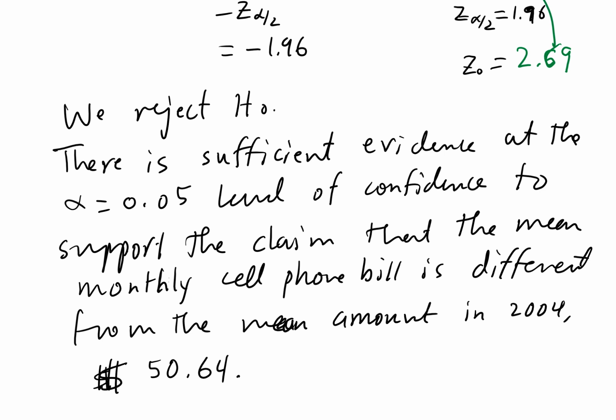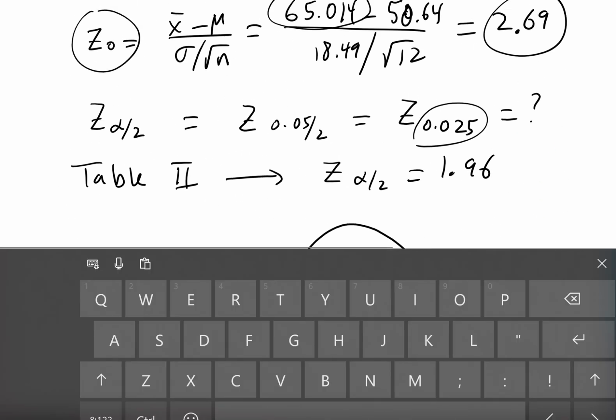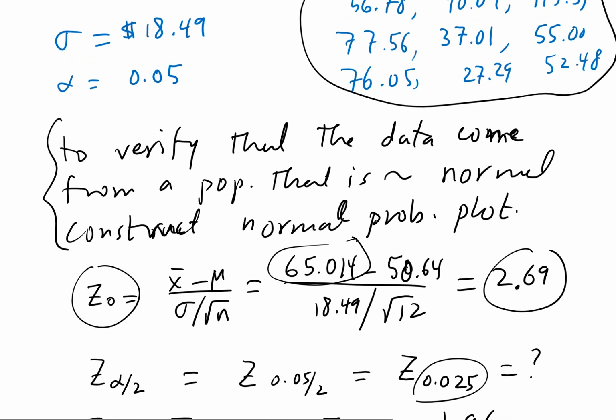That's what this is about. So if they do the right-tailed or left-tailed test, they go the same way. If they do the two-tailed test, you have two different regions. If the z sub 0 falls in either one of them, we reject the null hypothesis. If not, then we fail to reject the null hypothesis.